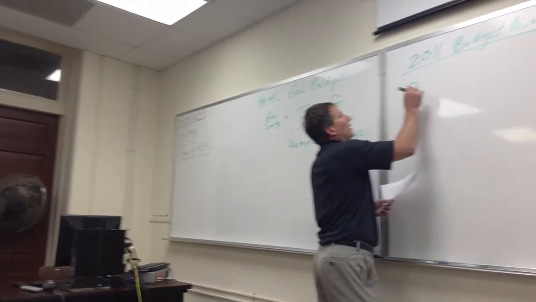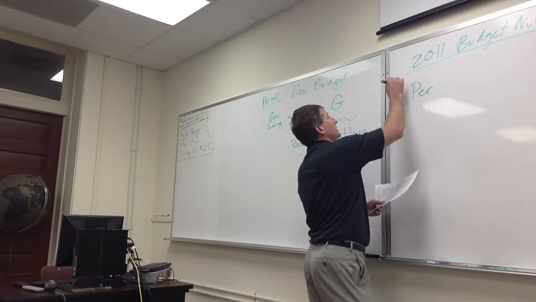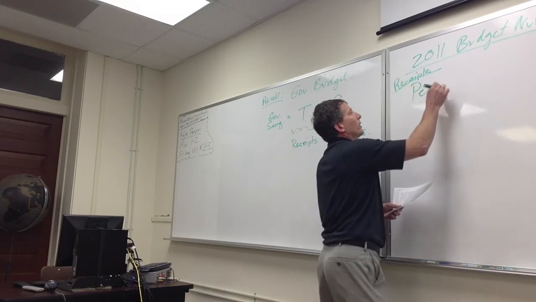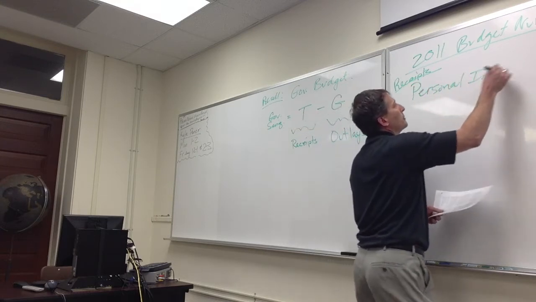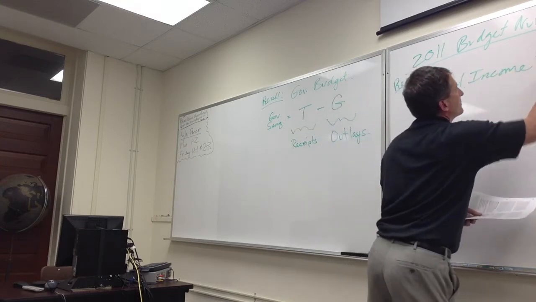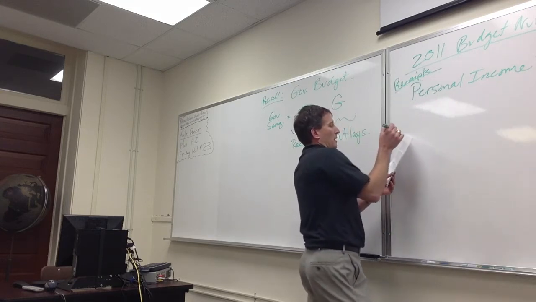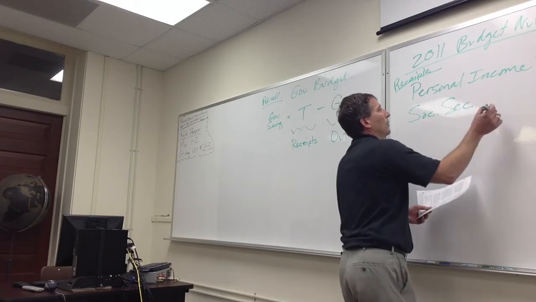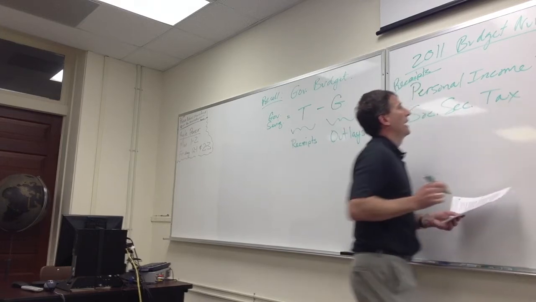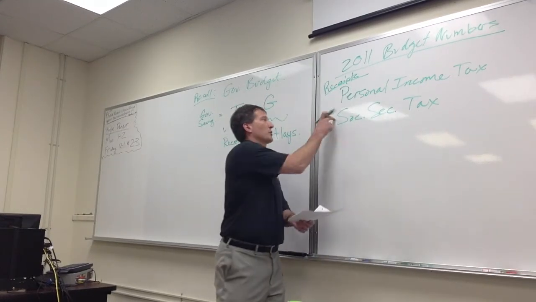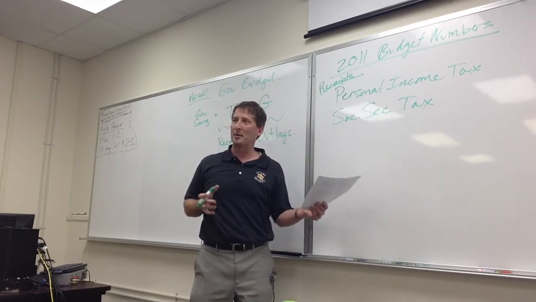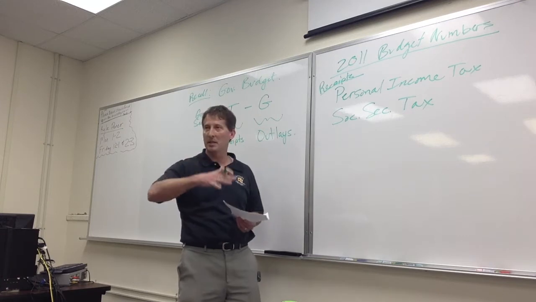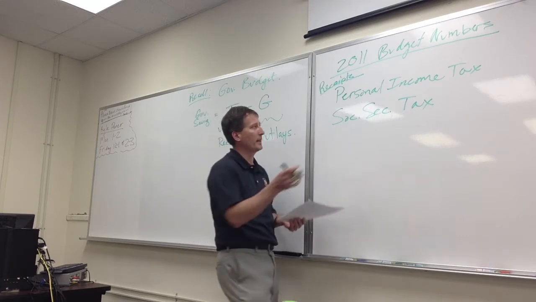And so our receipts we get from personal income tax, Social Security tax. Hopefully you guys have learned now that Social Security was never a big 401k retirement plan. It's always been a tax and transfer program. Take from the young, give to the old. It's always been that way.